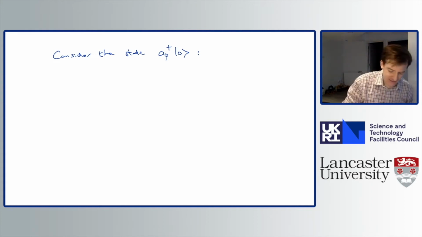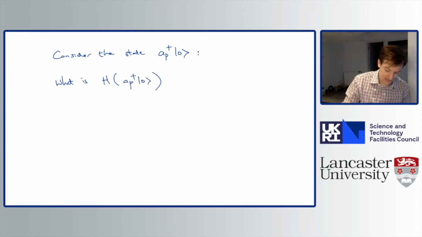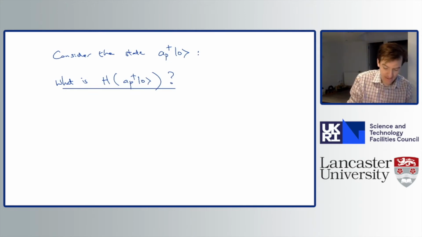Okay, so let's start by considering a particular aspect of this state. Let's think about what the Hamiltonian acting on this state will give us. In order to answer this question, we need a relation.